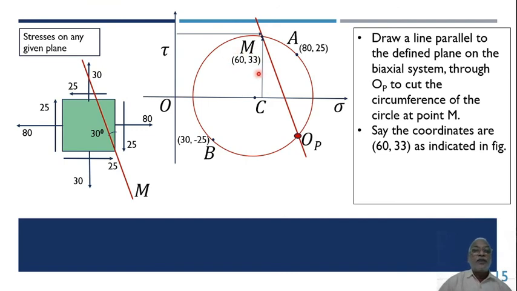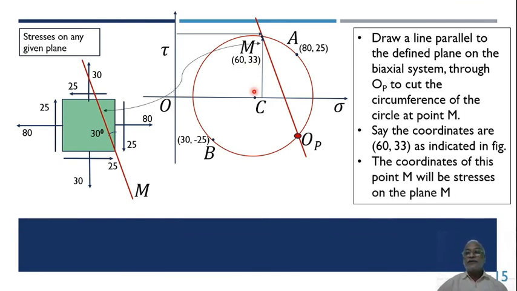But when you have coordinates like that, what is the meaning? The meaning is quite simple: this is the normal stress, this is the shear stress. Now how do you interpret that? The coordinates of this point M will be the stresses on the plane M. So on this plane, these will be the stresses.